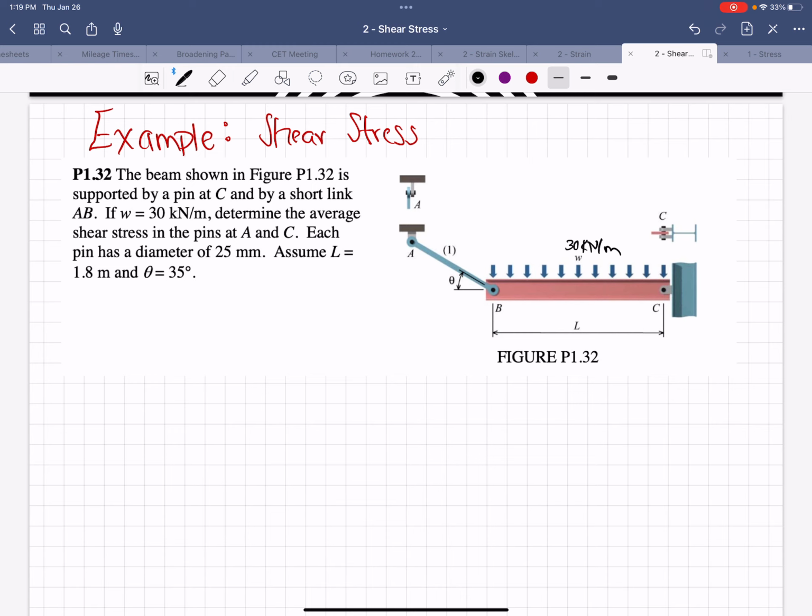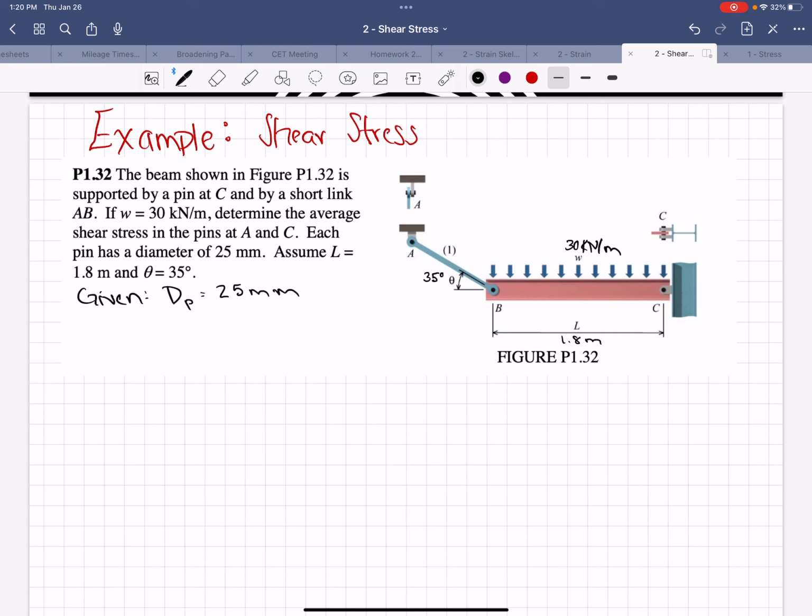And we are supposed to find the average shear stress in the pins at A and at C. And each pin has a diameter, so given the diameter of the pin equals 25 millimeters, and L equals 1.8 meters, and theta, the angle of bar AB, is 35 degrees.